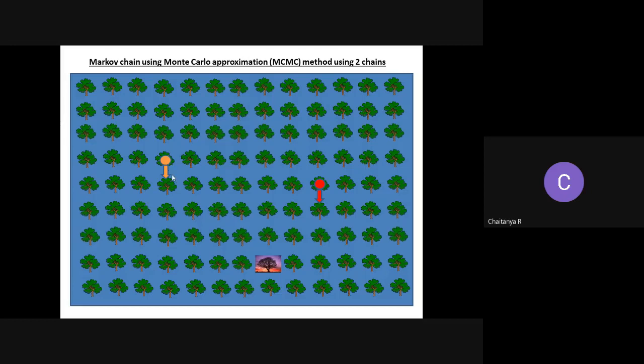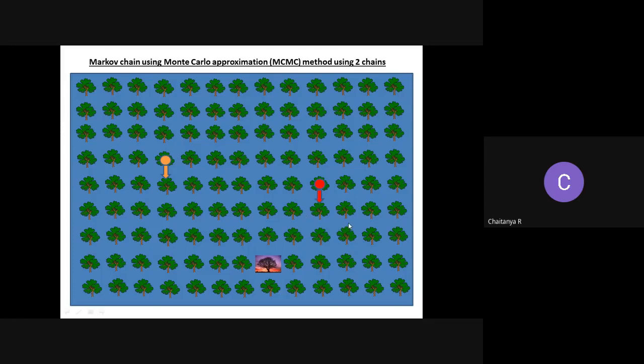And the same method is followed by the second chain in your analysis. So you're at a certain tree, you calculate the posterior probability of that tree, and then you make certain changes to the tree, perturbations as we call them, and you calculate the posterior probability of the changed tree. And if it is higher than your current tree, you jump there. Okay?